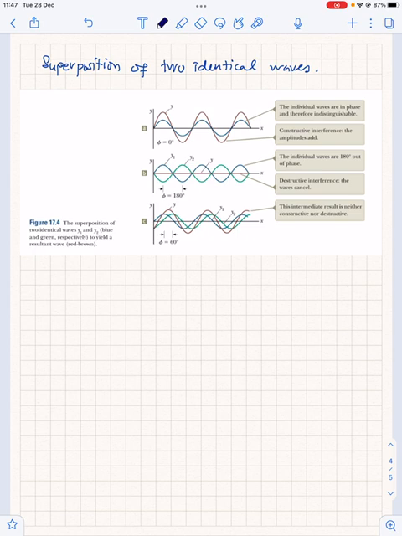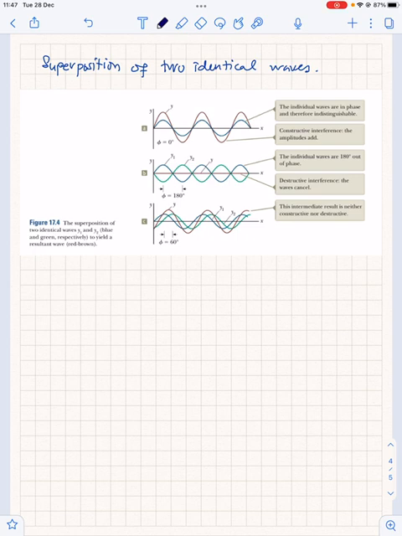Figure B is showing two individual waves that are 180 degrees out of phase. So figure A will have constructive interference, while in figure B the two waves will encounter destructive interference.